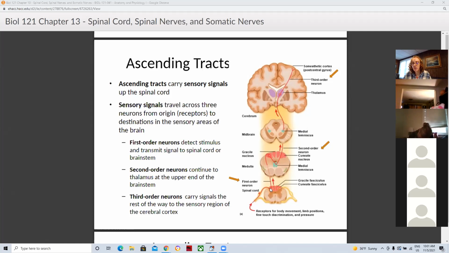The second order neurons are going to carry information from the brainstem to the thalamus, which is in the upper end of the brainstem.